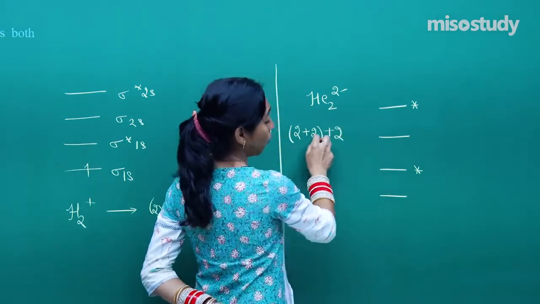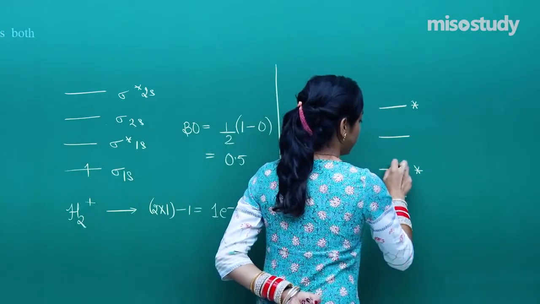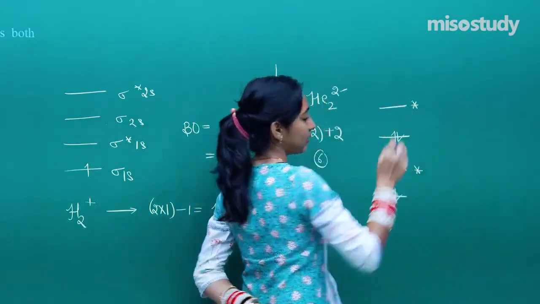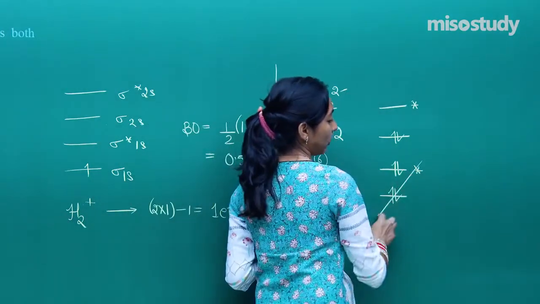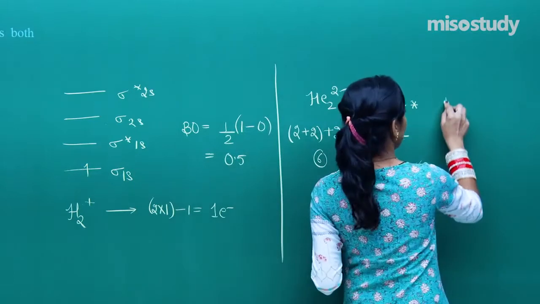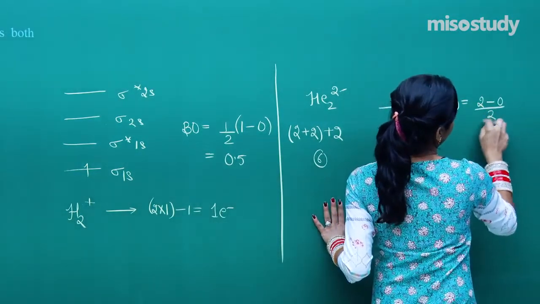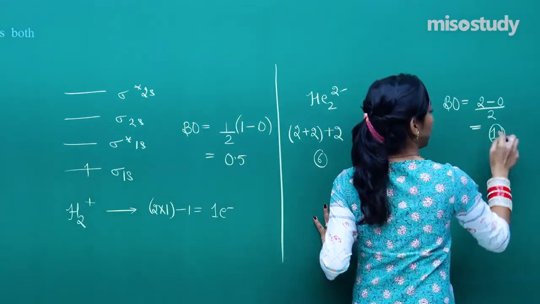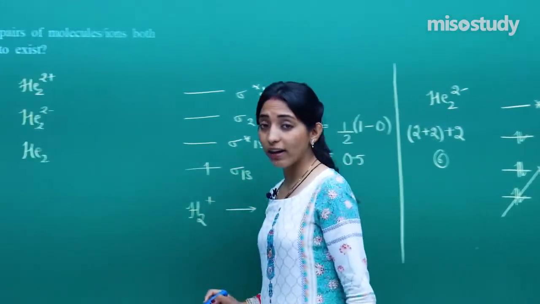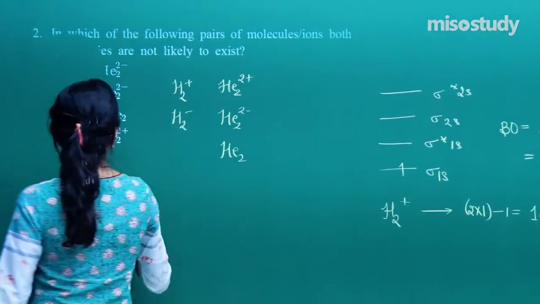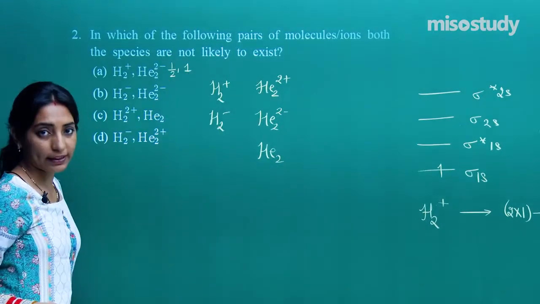So 4 and 2, 6. See, 1, 2, 3, 4, 5, 6, right? If I calculate the bond order, these two get cancelled out. So the bond order will be 2 minus 0 divided by 2, so 2 by 2 is 1. The bond order will be 1. Let me write down the values: for H2 positive, we are getting half and 1 respectively.